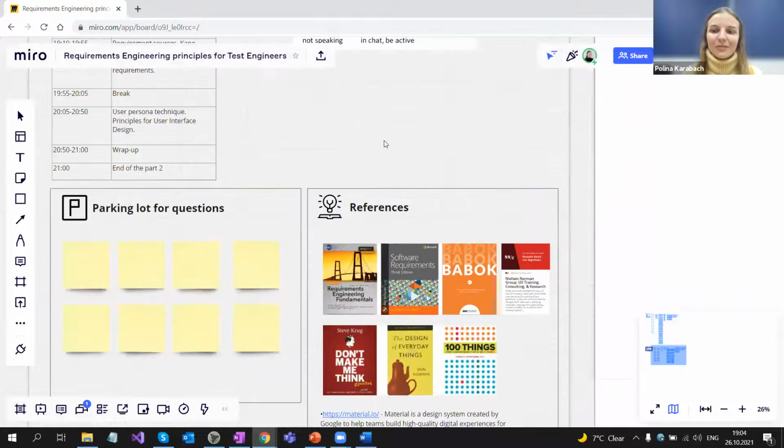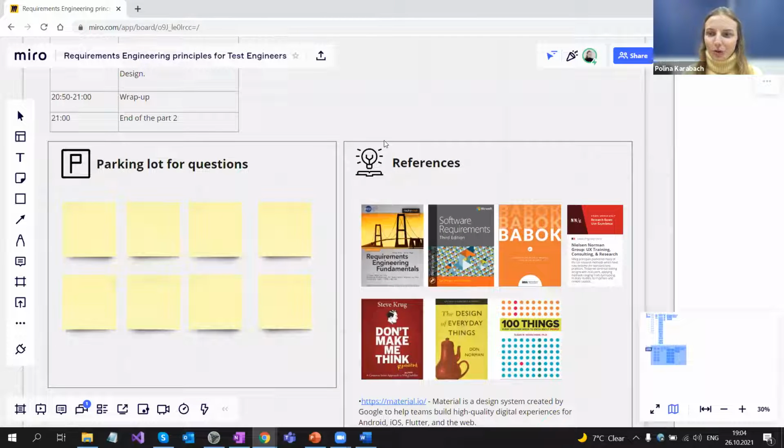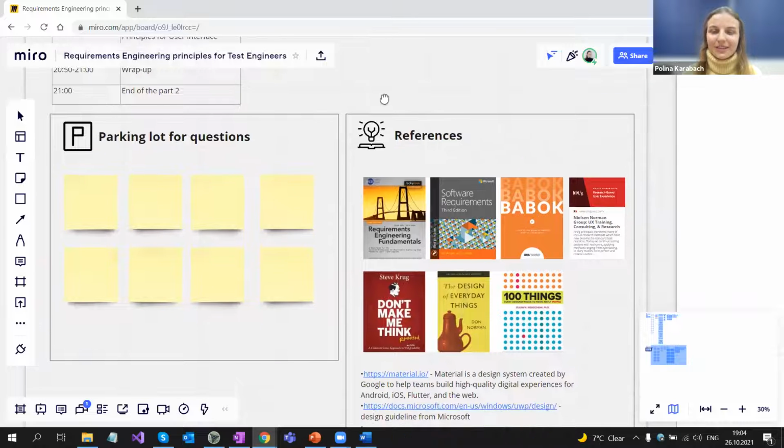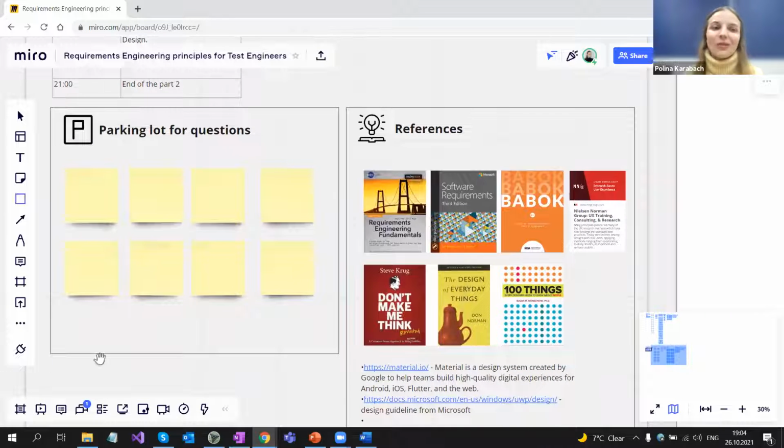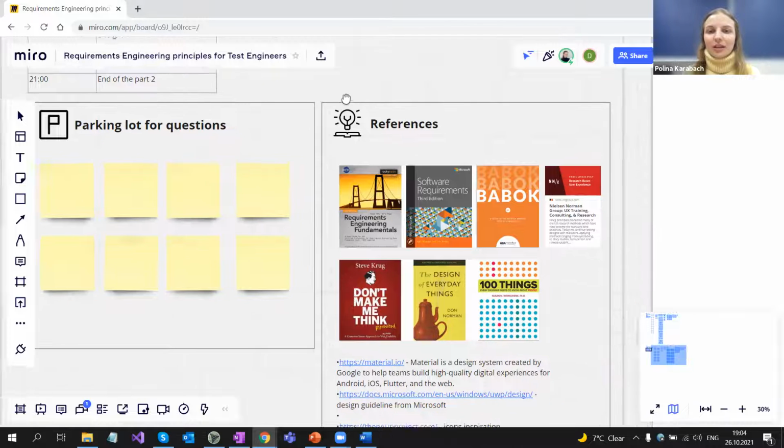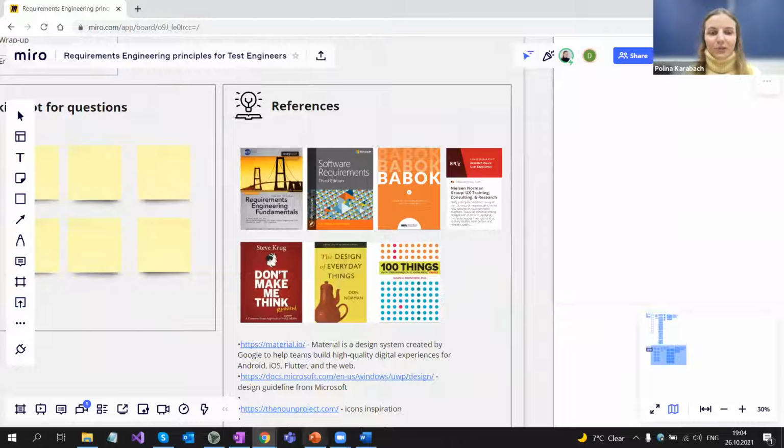As previous time, and I believe all of the participants were present last time. So yesterday in our workshop, we also had the parking lot for questions. If there are some interesting but not immediately related questions for this current discussion, and there's also a slot for references. So let me again add the link to Miro in the chat, so you can enter the Miro board, same as yesterday.